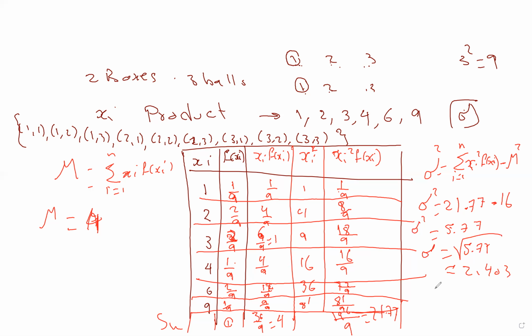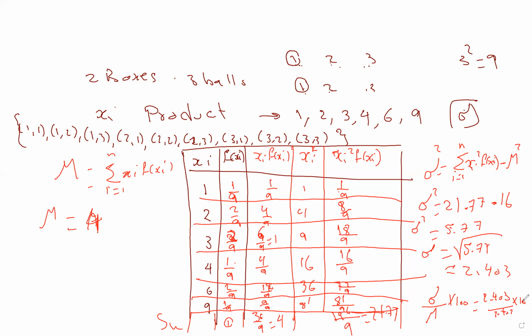And we need the coefficient. The coefficient is sigma over mu times 100%. So sigma is 2.403 over mu, which is 4, times 100 to get the answer.